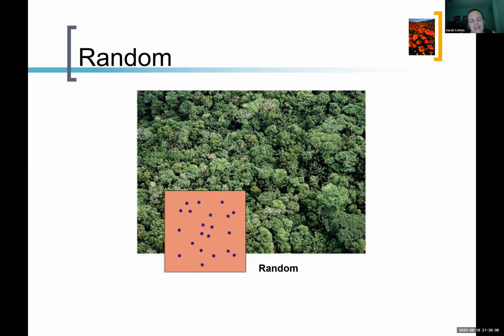This sort of exists, but I'm of the opinion that it really doesn't, because there's always going to be a certain amount of clumping. There's always going to be a certain amount of random distribution. One of the examples that textbooks typically give is clams in a mud flat when they're not mating, as the tide is going down.